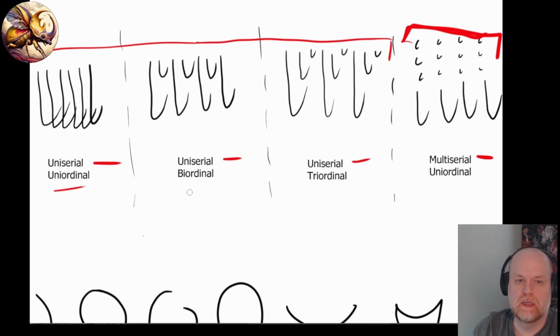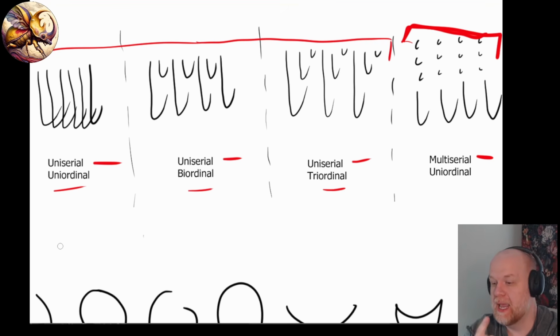And then the second word is the ordinal. How many different shapes or sizes of hooks are present in the series? If it's uniserial, uniordinal, there's only one sized hook in one line, no matter what the shape of the line is. If it's biordinal, there are two different sized hooks. Triordinal, you have three different sized hooks.